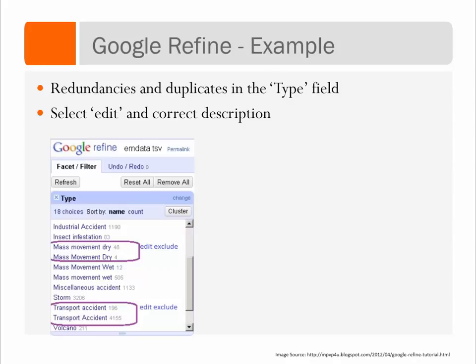We could just exclude these, or we could click on edit and edit the values of that phrase to match the other phrase, so that they would then join as just one phrase, mass movement dry, each word capitalized, and it'd have a quantity of 52 beside it. In the same way, we could select edit and correct the capitalization on transport accident and join those together as well.